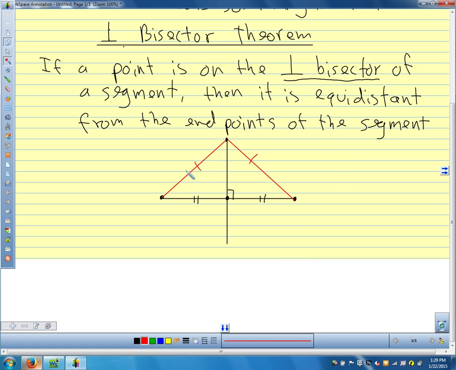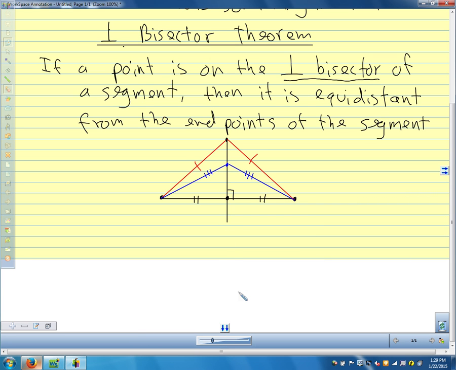And it doesn't matter where I draw the point on the perpendicular bisector. So I could draw another one, look at this blue point here. Any point on that perpendicular bisector, if I do that, those blue segments are going to be congruent. So I could make any point on that perpendicular bisector, and the segments that I draw to the endpoints here would be congruent.